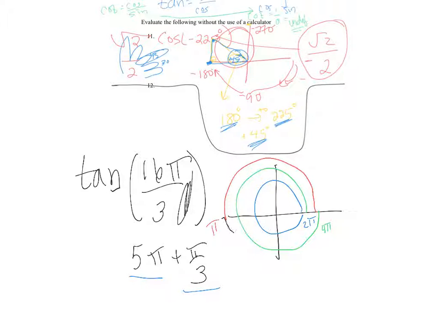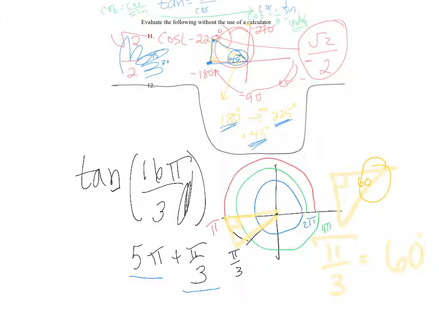Then I add that additional pi over 3, and that's where I'm going to stop. So I'm looking at this triangle right in here, and we're using our reference angles. We know that pi over 3 is equal to 60 degrees, so the reference angle on the inside is 60 degrees.